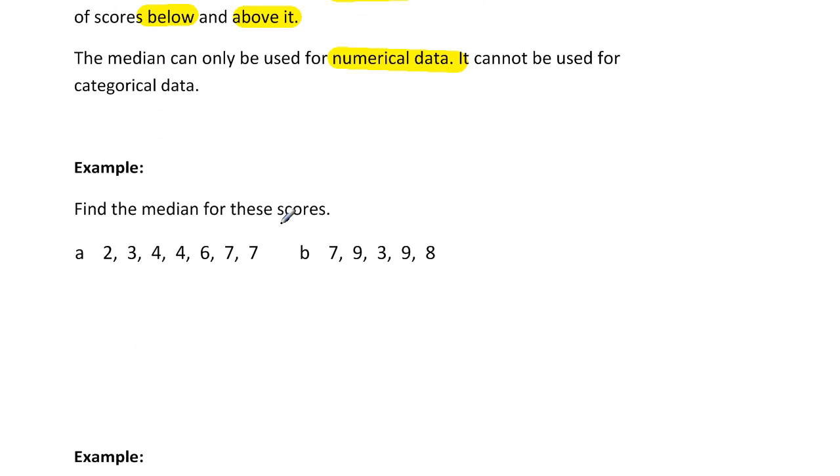Find the median for the scores. Well, first of all, check: are they in order? Let's look at A. Yep, A is definitely in order. So if we take the middle number by crossing off the outside numbers, what we're left with is a number in the middle.